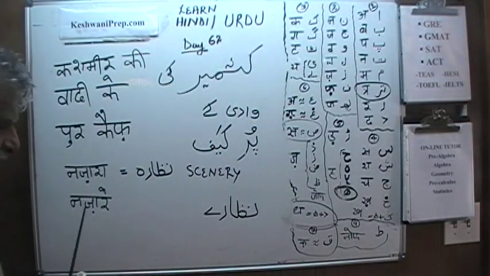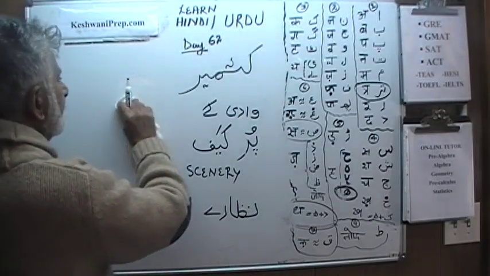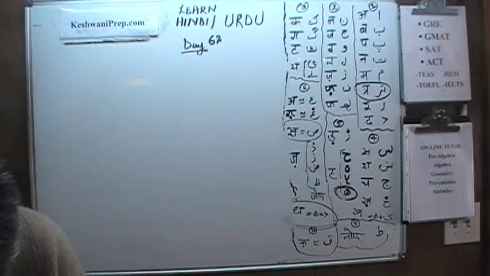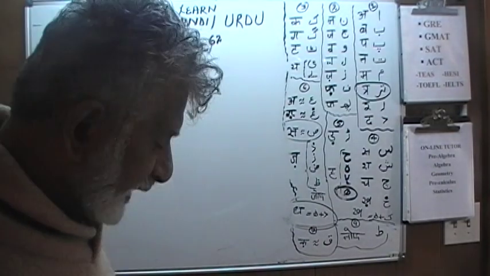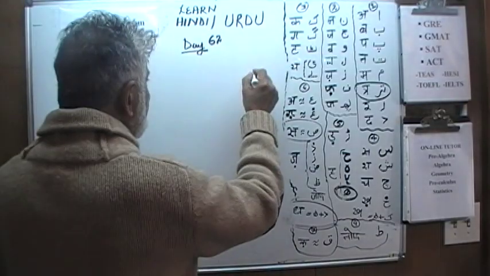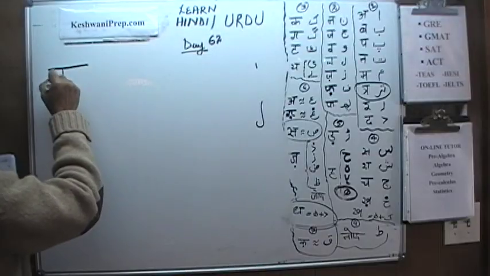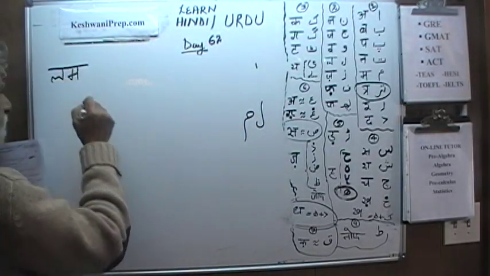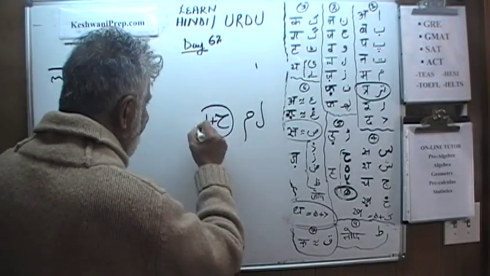Let's look at the next line. The very first word in the next line is also a vocabulary word. Let's learn it together. We have a lam, then we have a meme, then we have a ha, ha with eki matra.